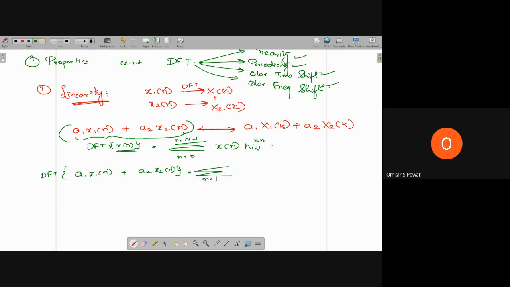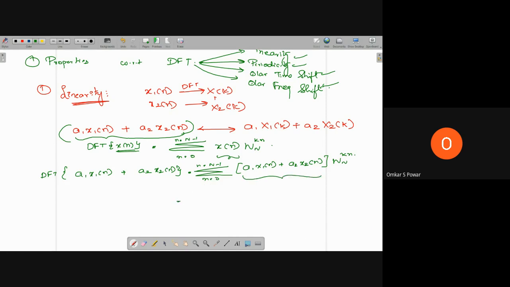Summation n varies from 0 to n minus 1. So instead of x of n, we have a1 x1 of n and a2 x2 of n. So let me substitute that. a1 x1 of n plus a2 x2 of n into omega n of kn, because it's there in the formula. Just here I have replaced that one.